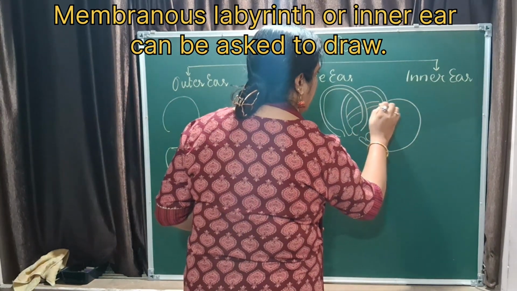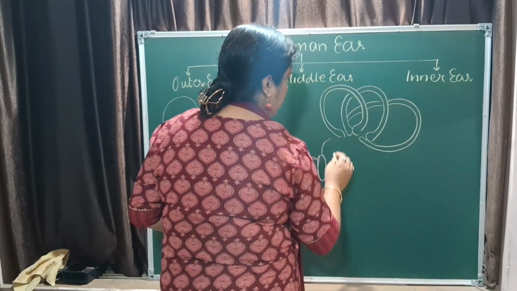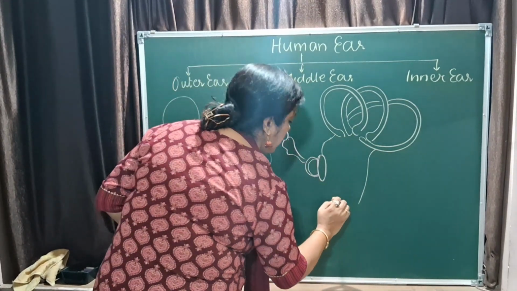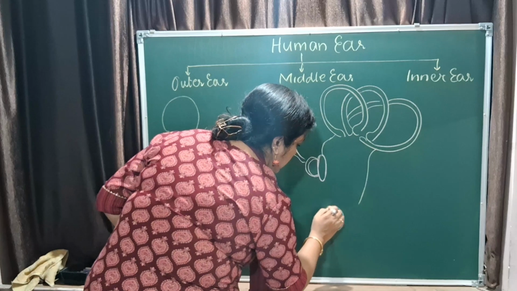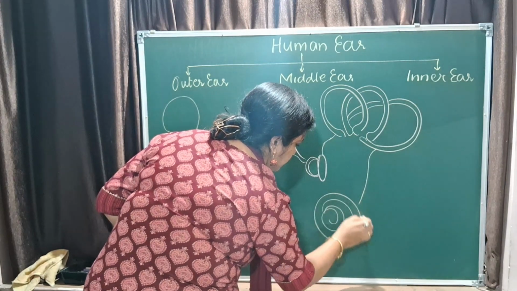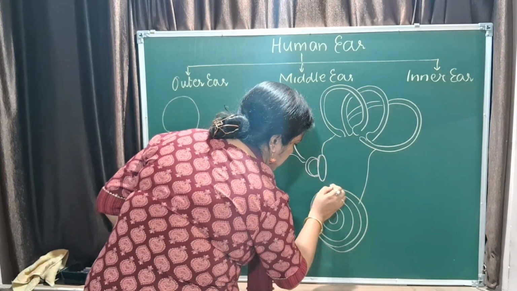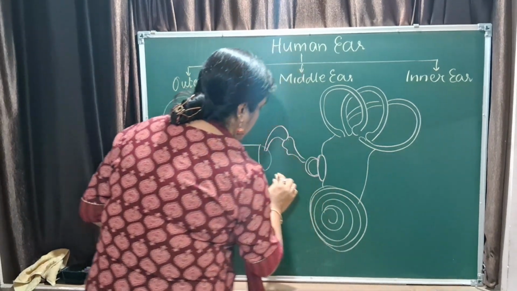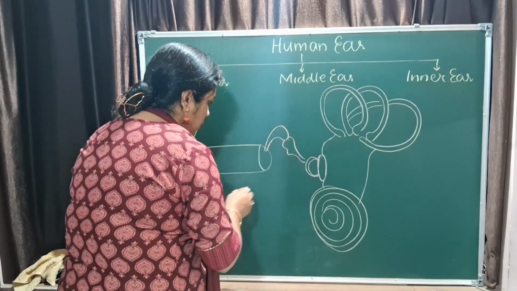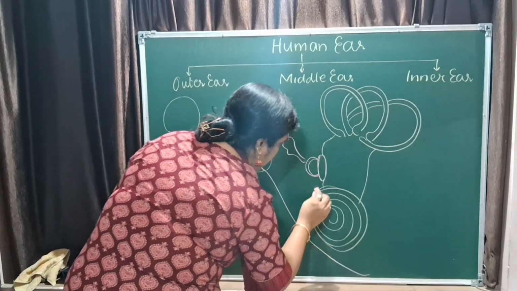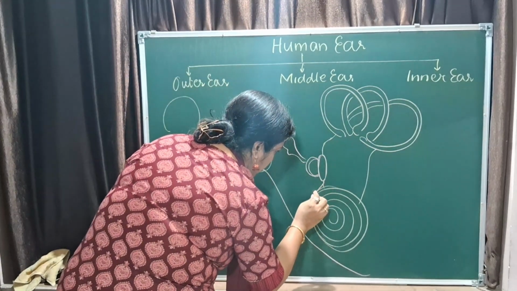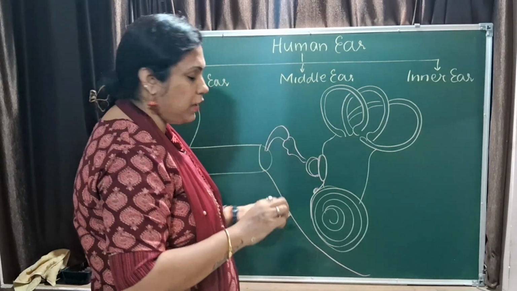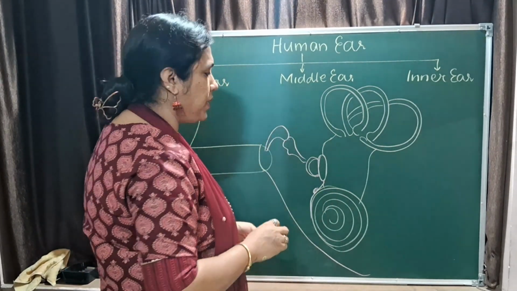Then you have the utriculus, that is the vestibule, and you have the cochlea. You have a round window present here, which connects your inner ear to the middle ear. The round window is just a membrane-covered window, which equalizes the pressure.